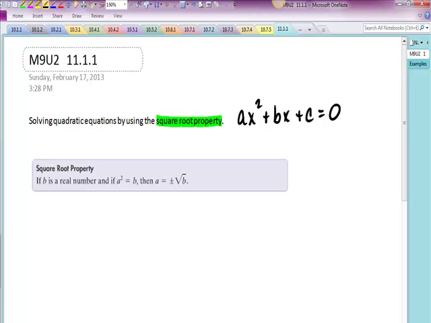The format it needs is, I'm going to use capital X squared is equal to b. If you have something squared equals a constant. Now the something squared could be something like this.